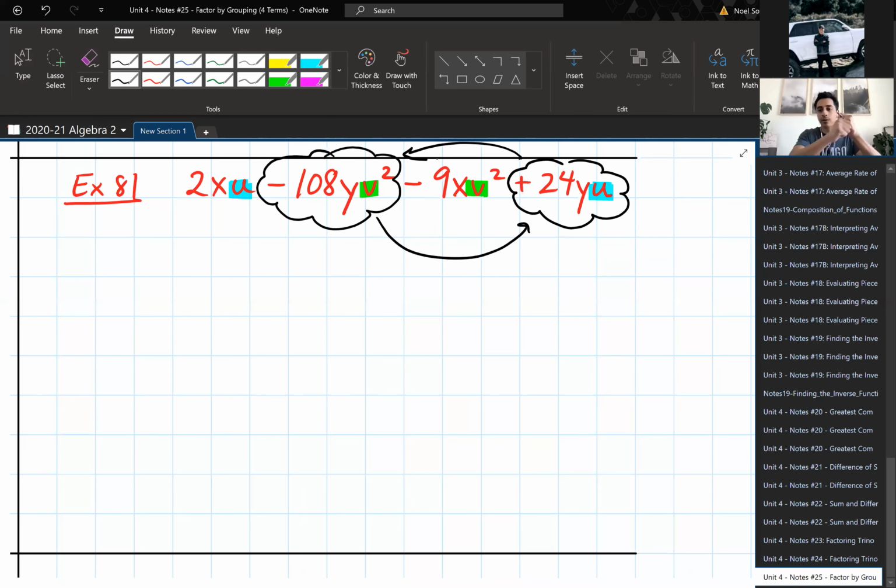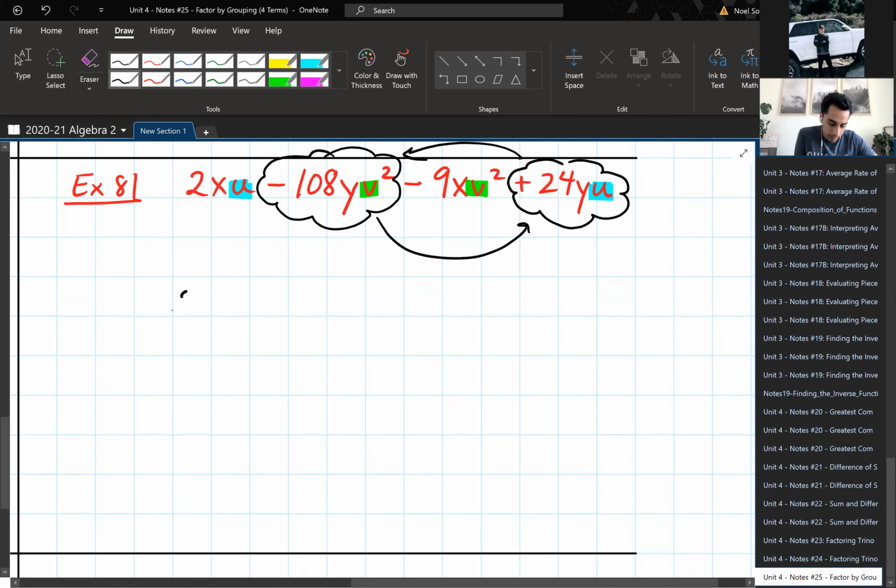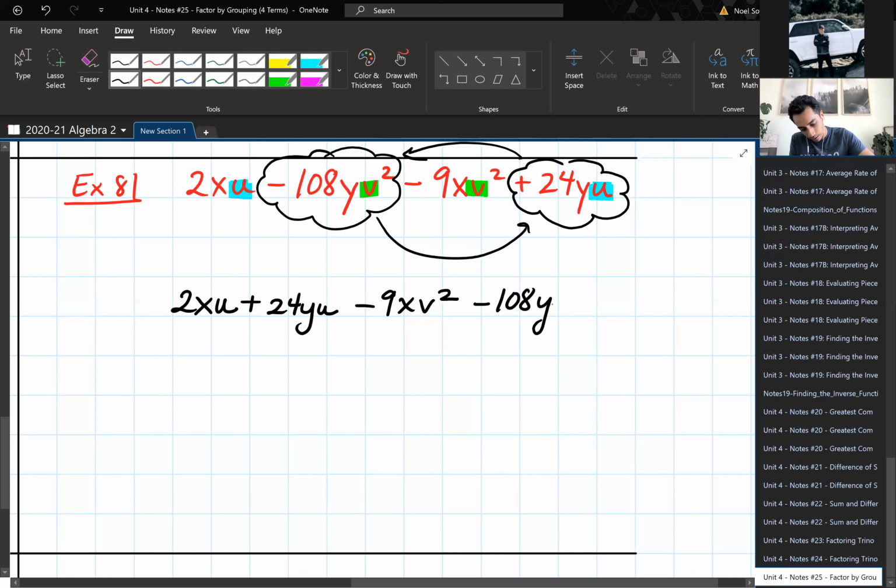It has to stick with the number when you move it over. So let's try this rearrangement. We have 2xu. If we swap it with the 24yu, then we would have minus 9xv squared minus 108yv squared.